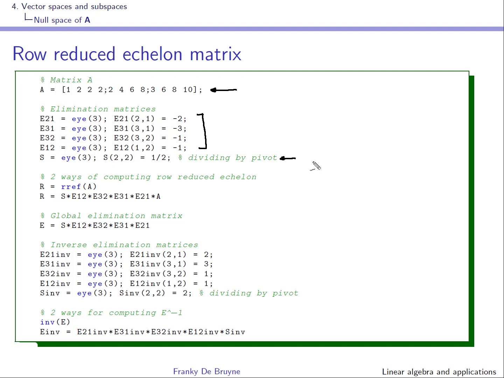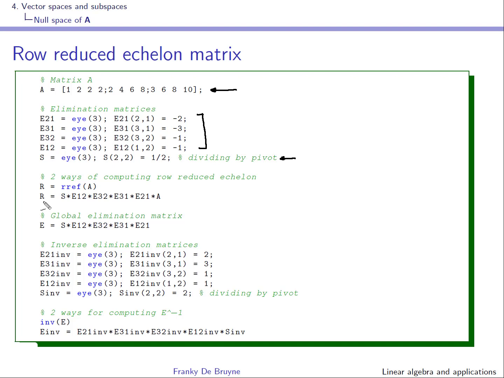One way to bring A into the row reduced echelon form is to pre-multiply A with these different elimination matrices and with this diagonal matrix where you divide by the pivot in element 2,2.